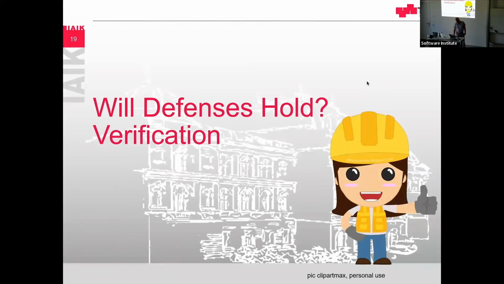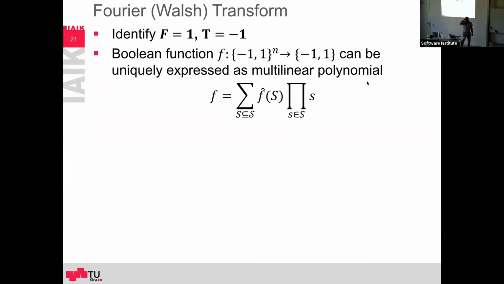A little bit of theory so that you know what we use in the background. There is this thing called a Fourier transform of Boolean functions. These are weird things because if you want to write things easily, then you identify false with 1 and true with -1.